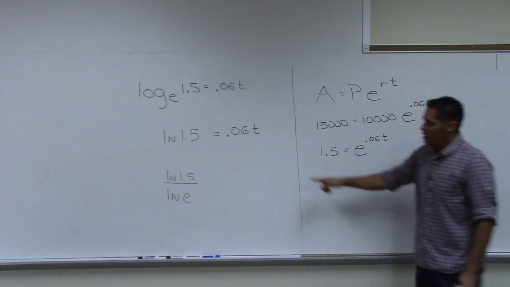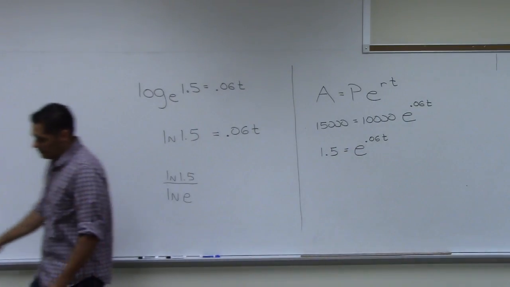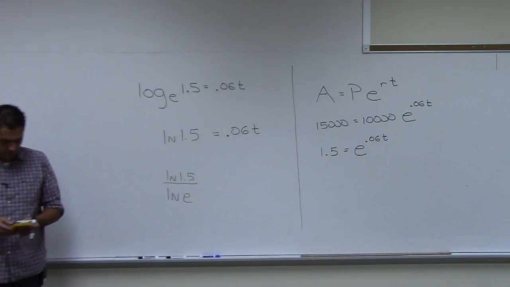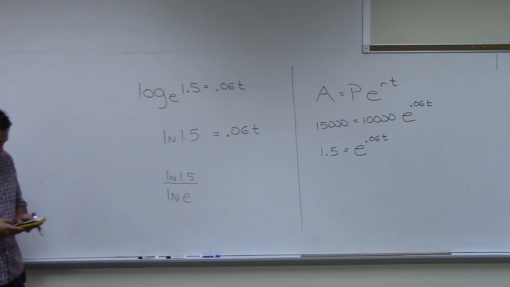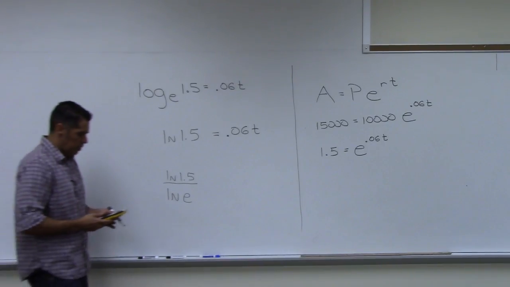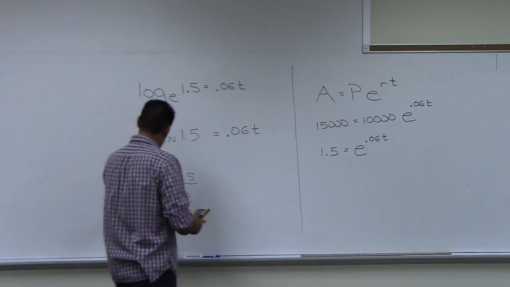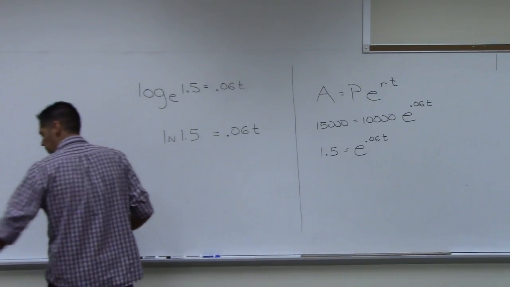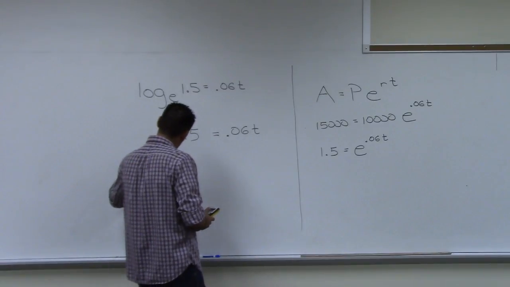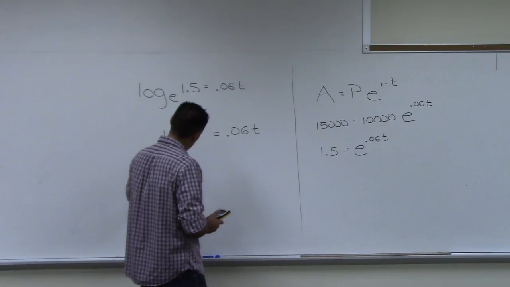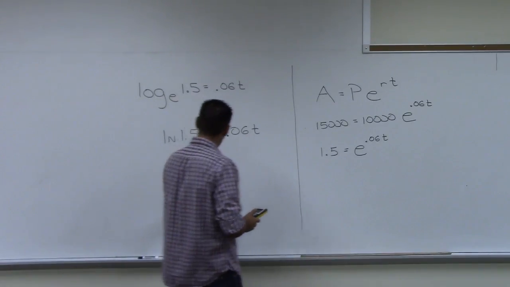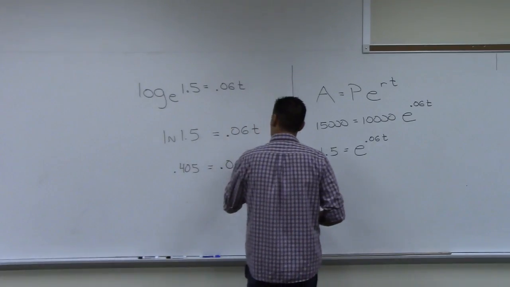All right, so on your calculator, do natural log of 1.5. 0.405, something like that, equals 0.06t, right?